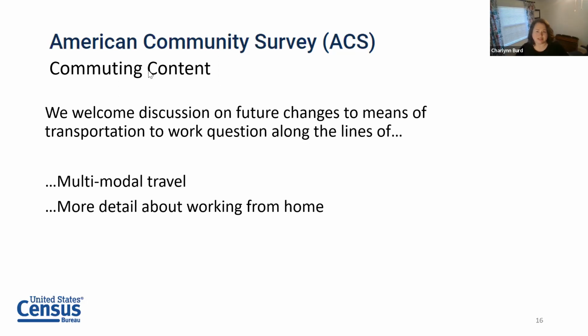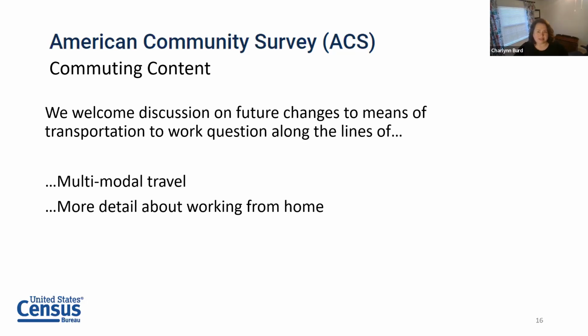So in general, the ACS is an ongoing survey that provides vital information on a yearly basis for the nation and its people. And it's information from this survey that helps to determine federal and state funds, as you all well know. And commuting and transportation are among many topics used in the ACS.